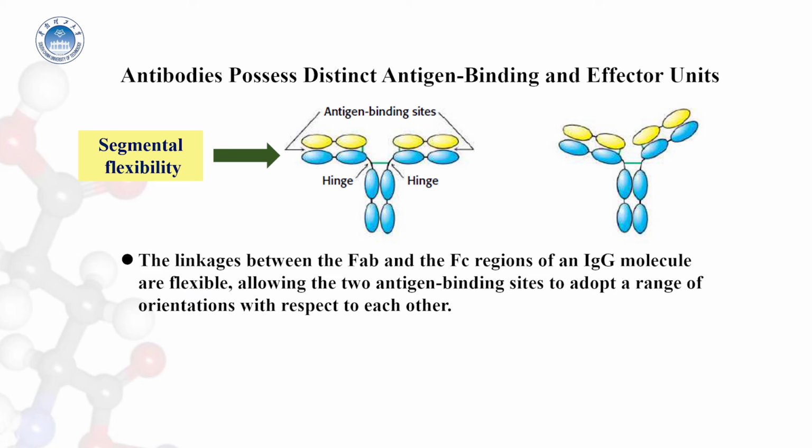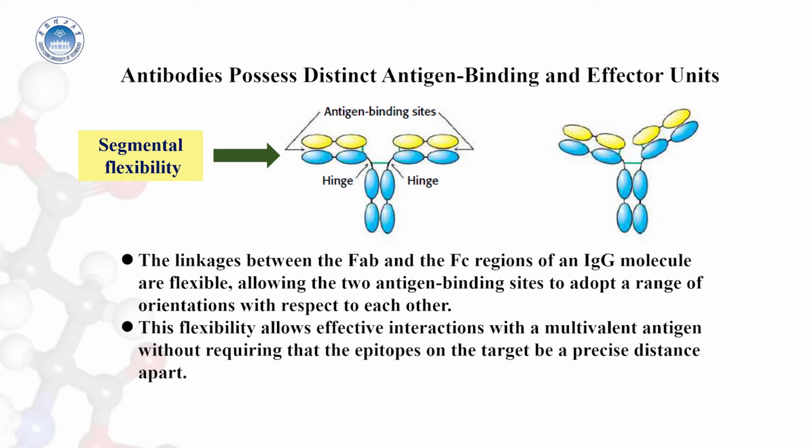This kind of mobility, called segmental flexibility, can enhance the formation of an antibody-antigen complex by enabling both recognition sites on the antibody to bind an antigen that possesses multiple binding sites. The site at the tip of the Fab unit simply moves to match the distance between specific determinants on the antigen.